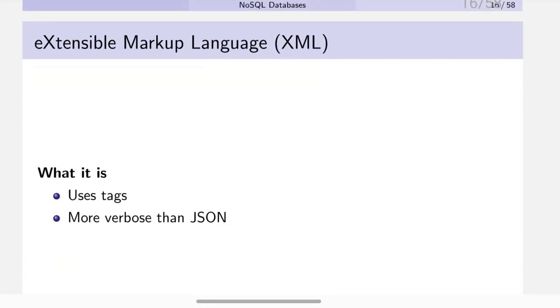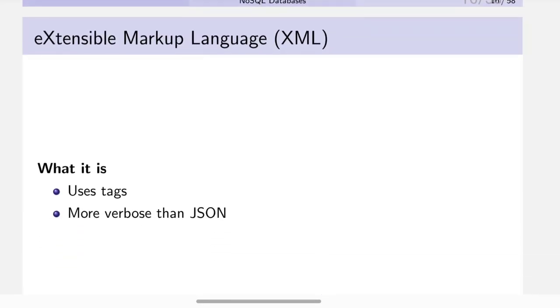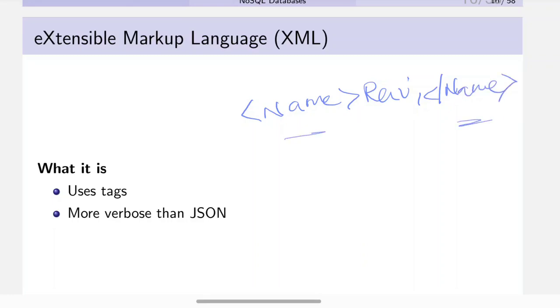Now moving on to Extensible Markup Language, that we call XML. So XML is another data format. Unlike JSON, it uses tags. Okay. For example, if you see name Ravi slash name, so it uses tags, to store the data.